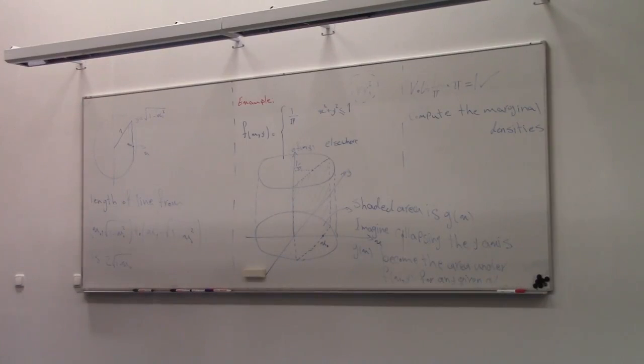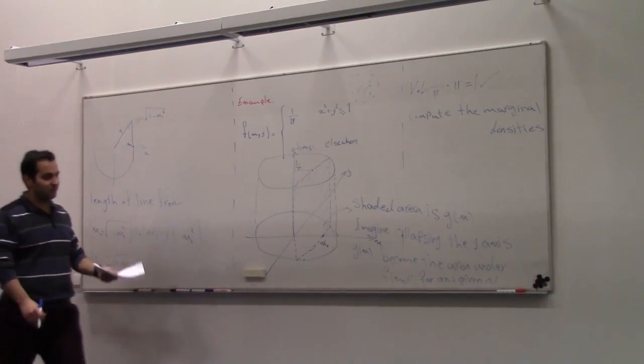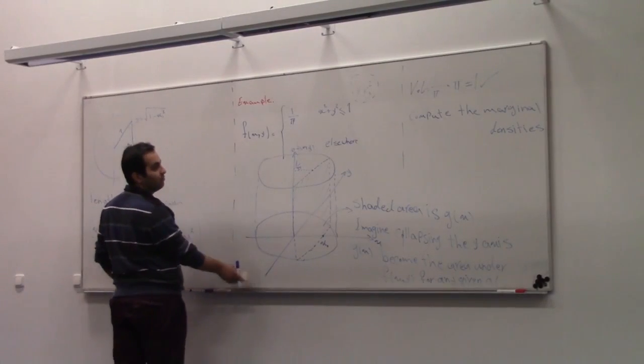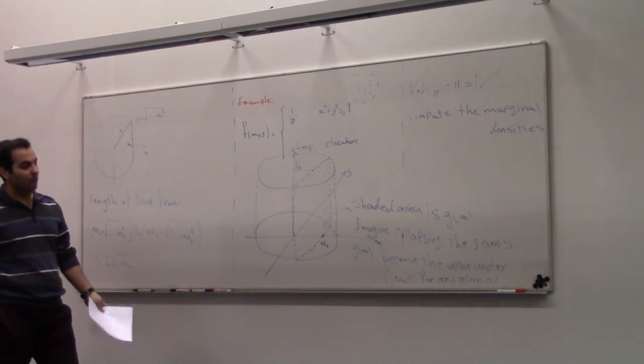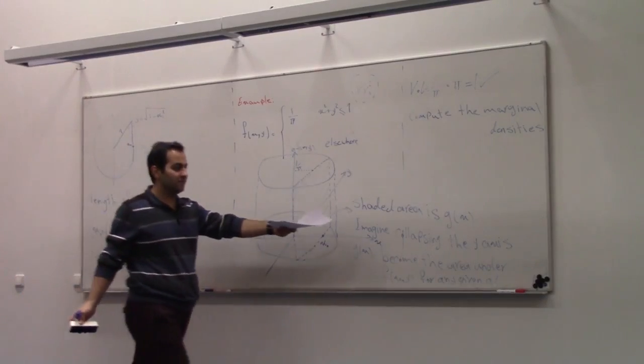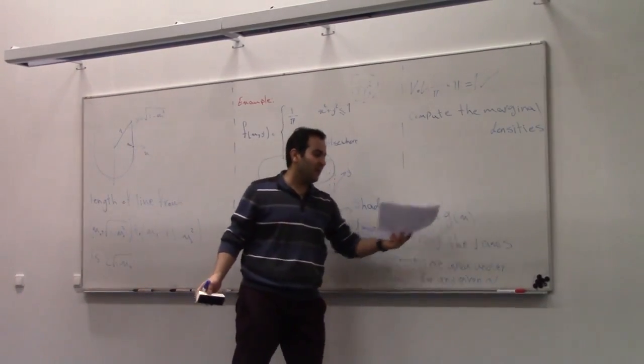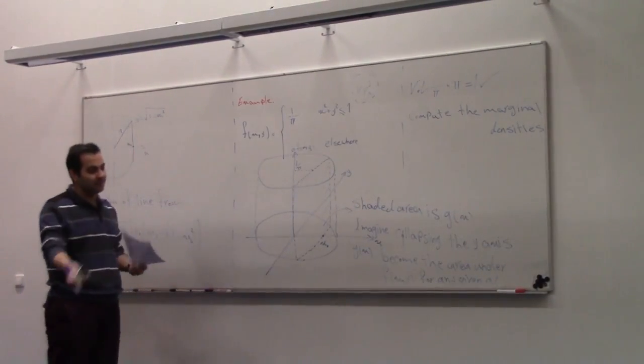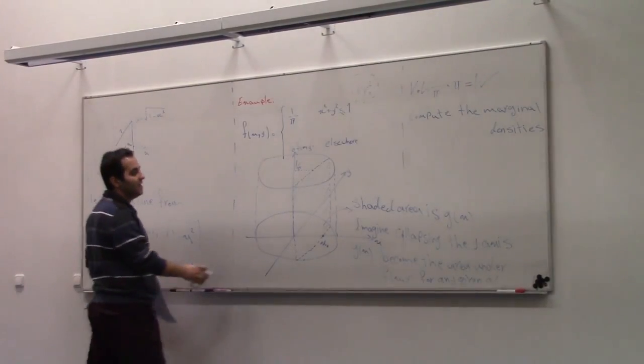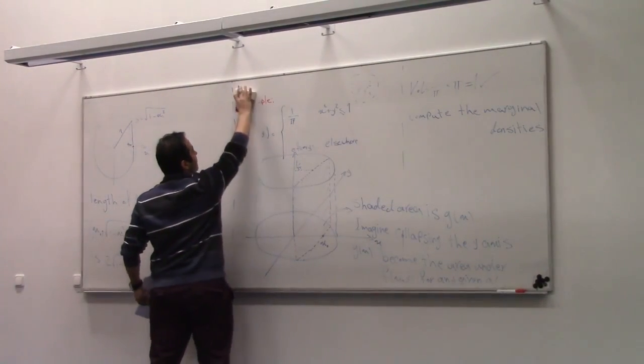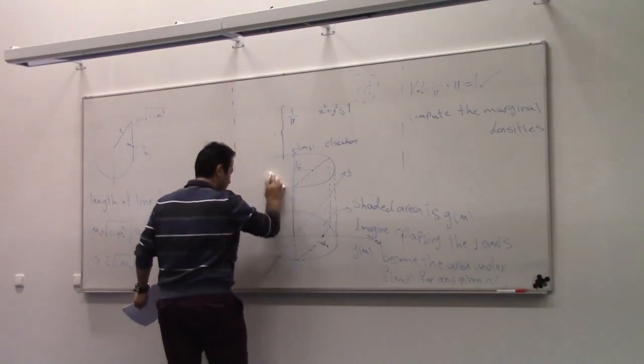Okay, if we know all of this, then we can find the marginal densities, we can find the J(x), then symmetrically we can find the H(y). Okay.